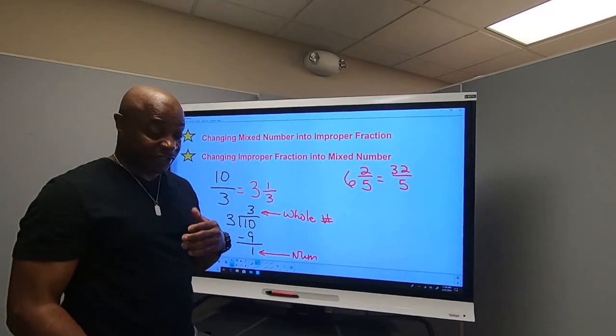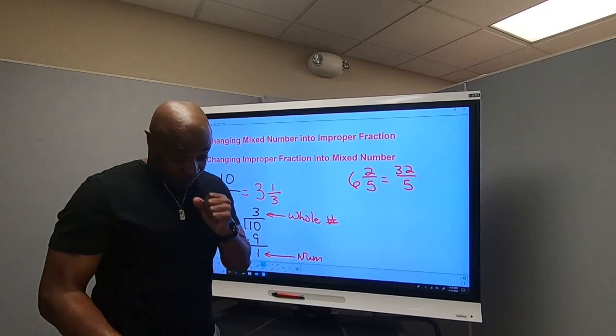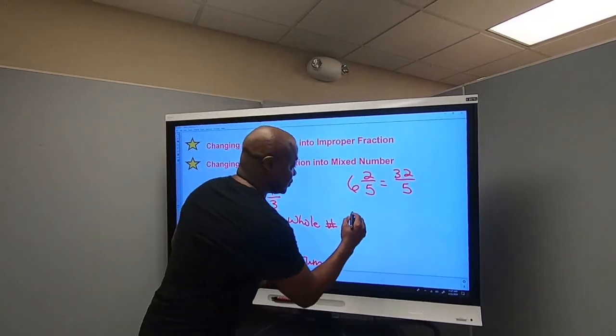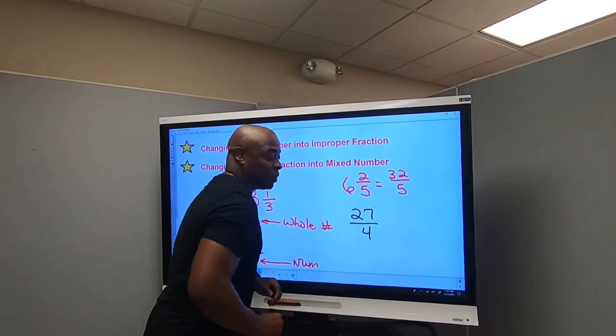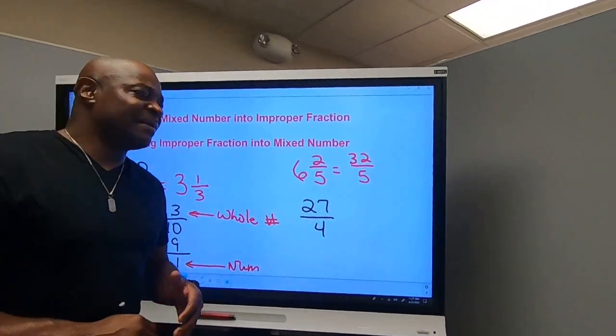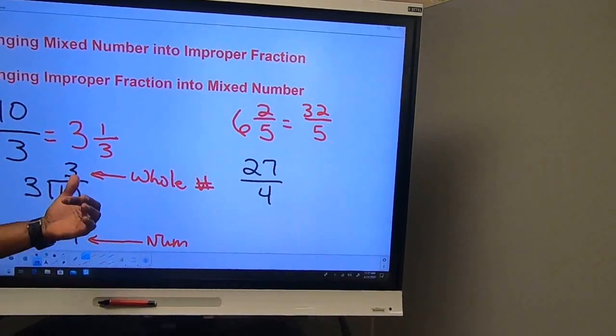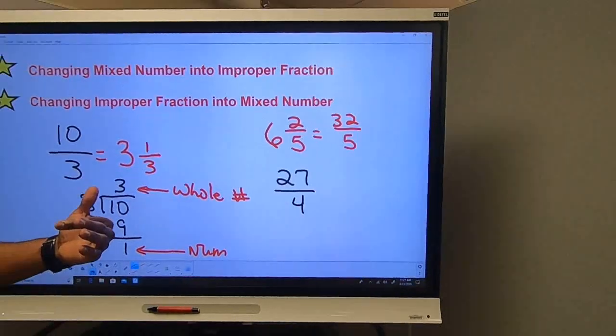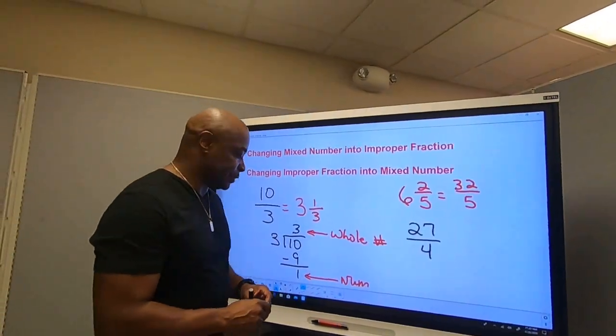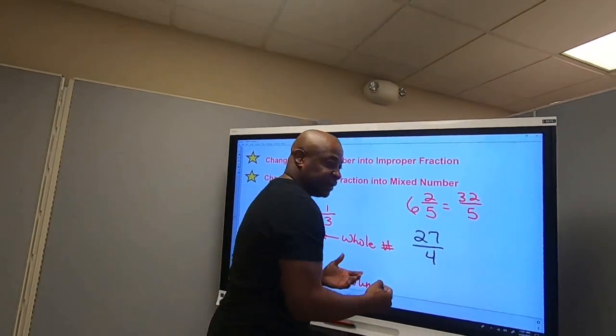Okay, so now let's change an improper fraction to a mixed number. So our improper fraction is what? 27 over 4. It's not a big number. I know we didn't have a big number for the last one, but there's no difference. So now, what will we do? Okay, you have to divide.